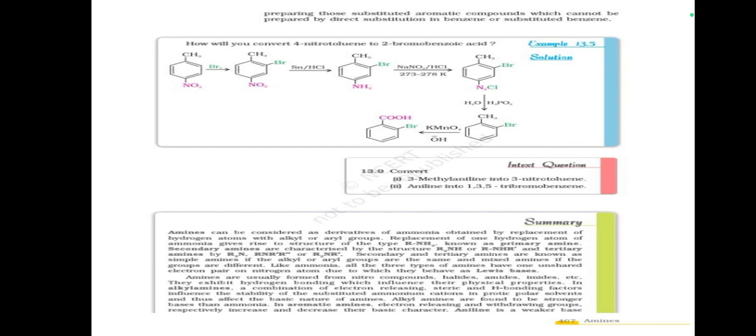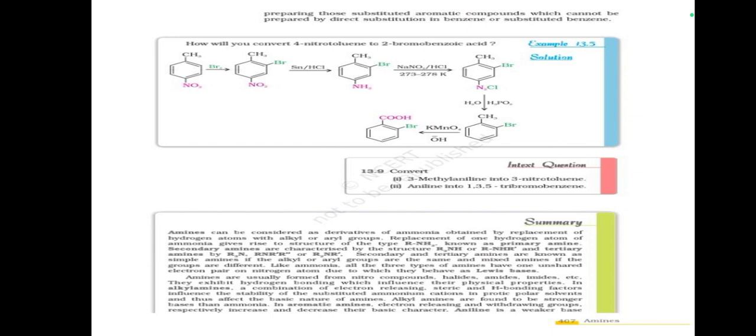They exhibit hydrogen bonding, which influences their physical properties. In alkyl amines, a combination of electron releasing, steric and hydrogen bonding factors influence the stability of the substituted ammonium cations in protic polar solvents, and thus affect the basic nature of amines.